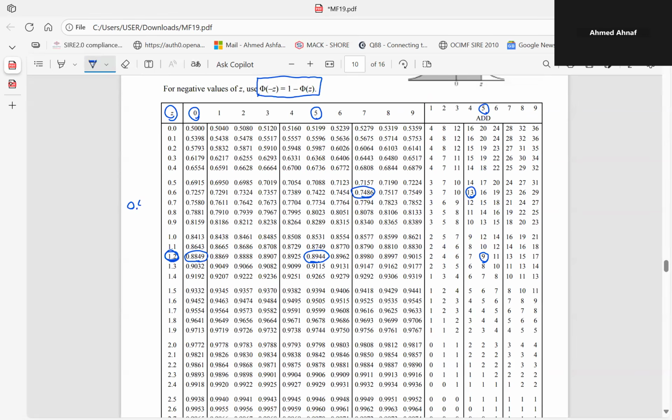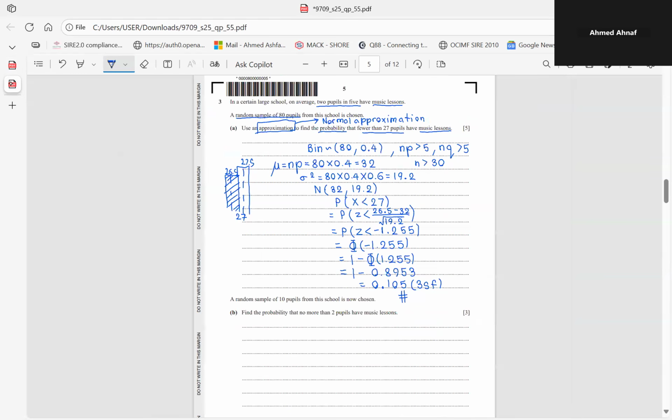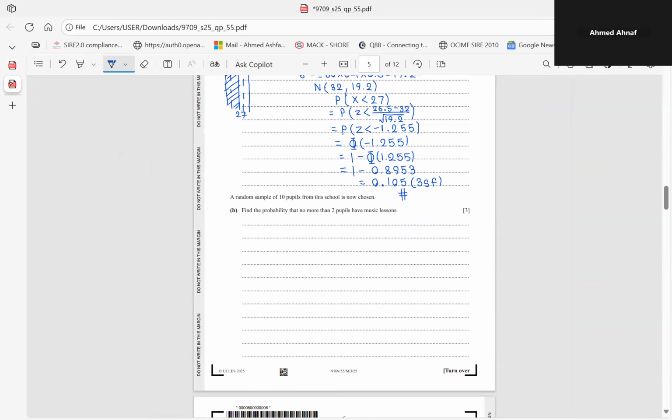So 0.8944 plus 9 gives us 0.8953. So this will give you 1 minus 0.8953, which is 0.105 to 3 significant figures. So this is the final answer for this first part. Let's head on to the next part.